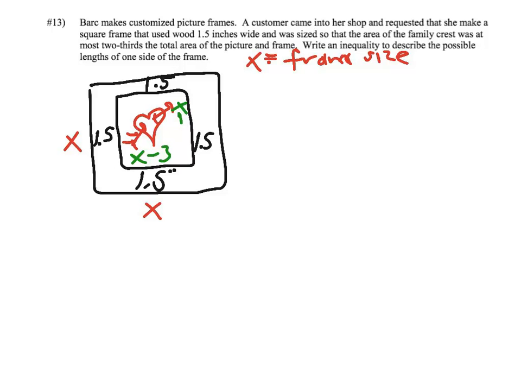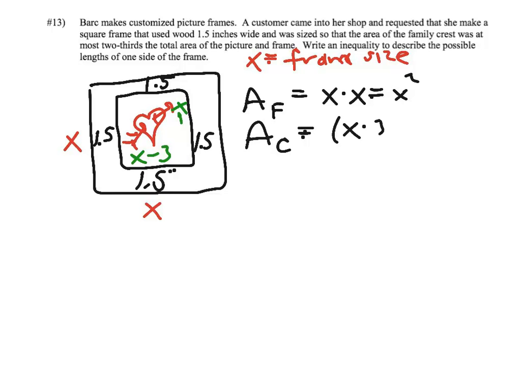So that means that the area of the frame is x times x, which is x squared. The area of the crest, well, that's going to be x minus 3 times x minus 3, which is x minus 3 squared.